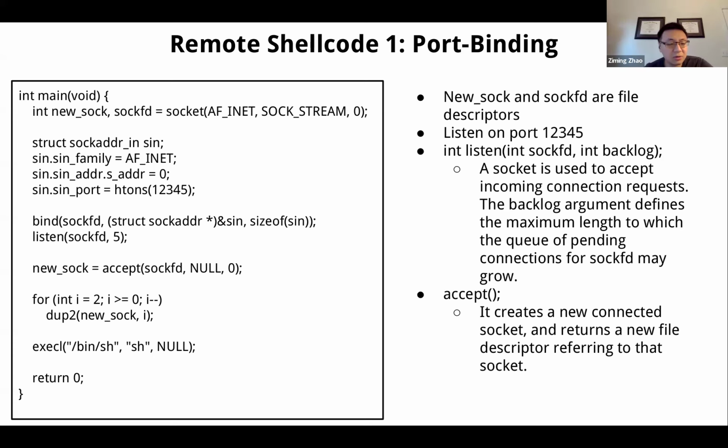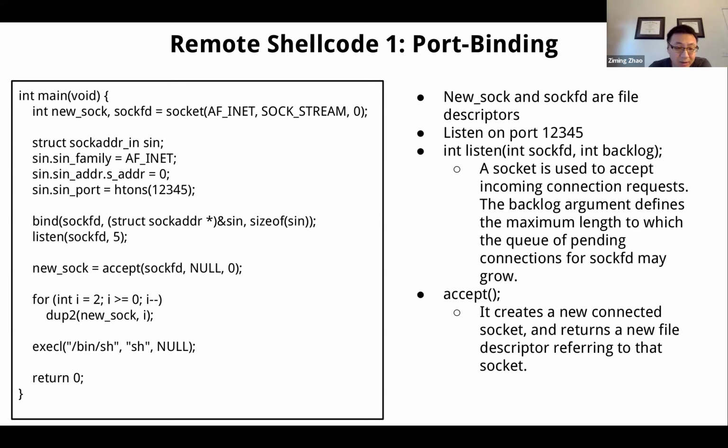So now we need to change those stdin, stdout, and stderr from the terminal to the socket. When we do that, the program is not taking input from the terminal anymore. The program is taking input from the socket. And the socket goes through the TCP/IP stack, goes through the internet, and eventually talks to the attacker.